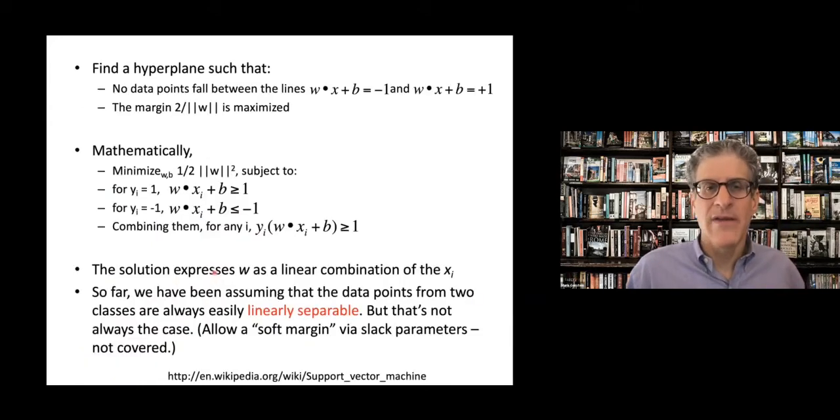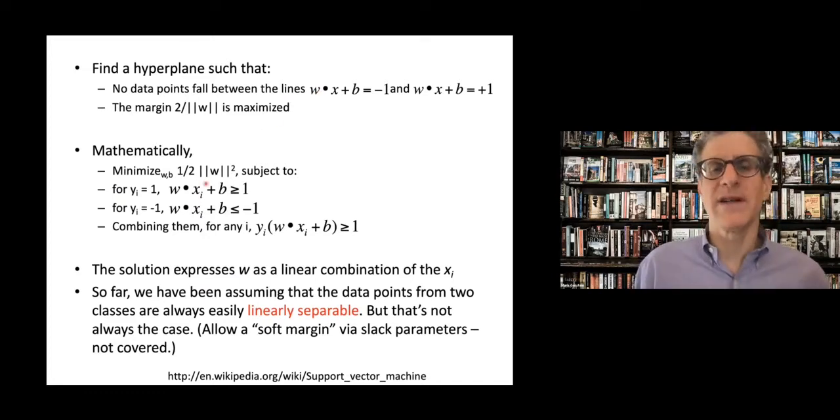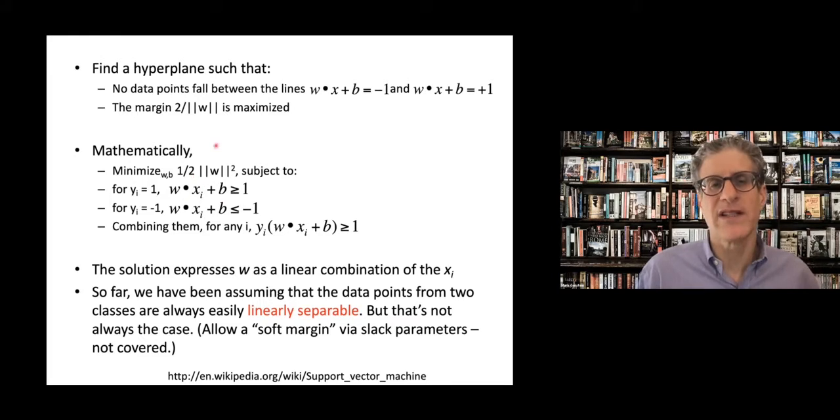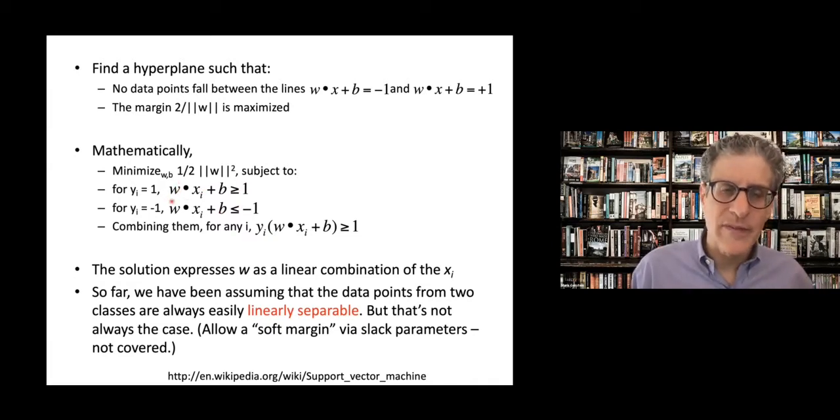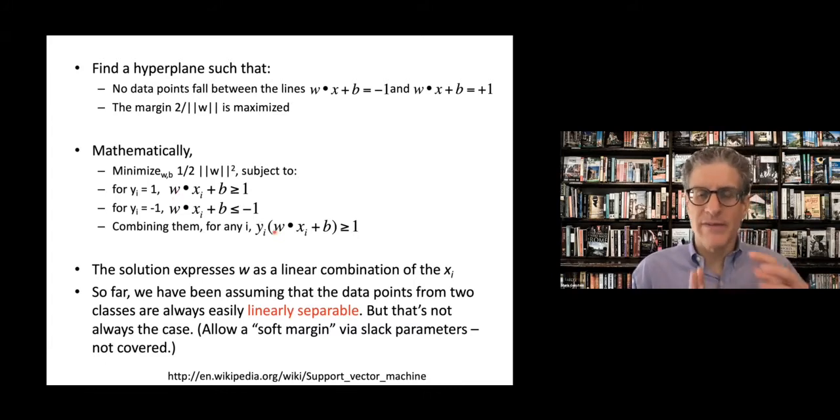And then once you find out the width of the margin, you can maximize the width. I'm not going to go into the details of how this is done, but I just want to give you a sense of how people might set this up mathematically. So the idea is you can derive an expression for the normal vectors to the plane that's related to the nearby points and maximizing that margin, okay?